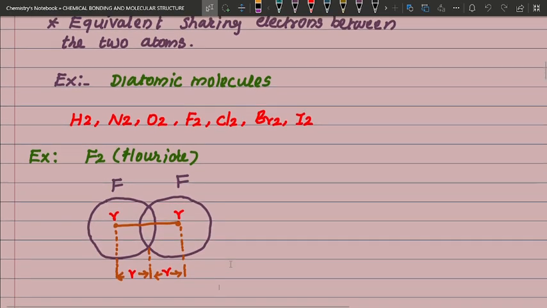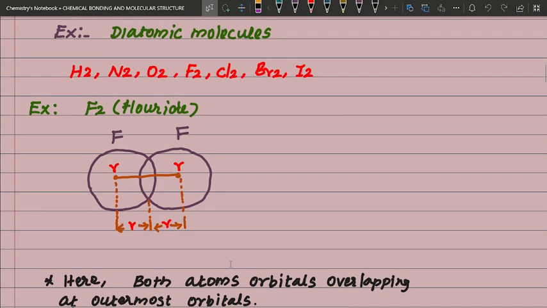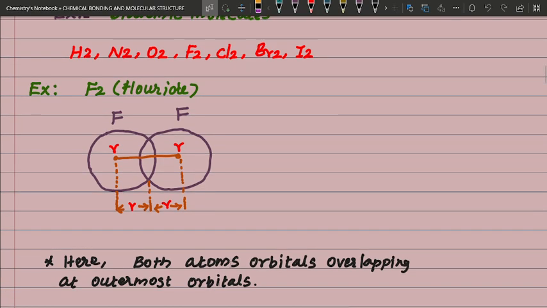Next example, fluorine. F2: fluorine is a single fluorine atom, and F2 is two fluorine atoms.